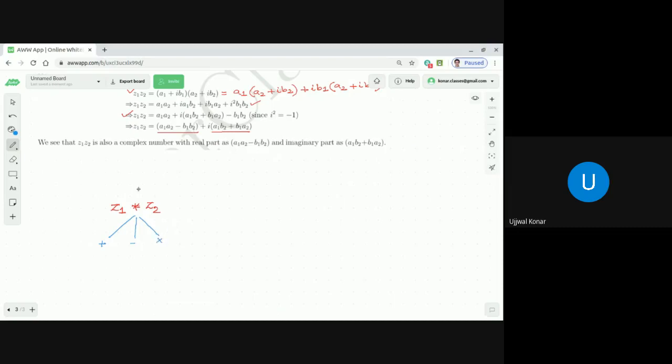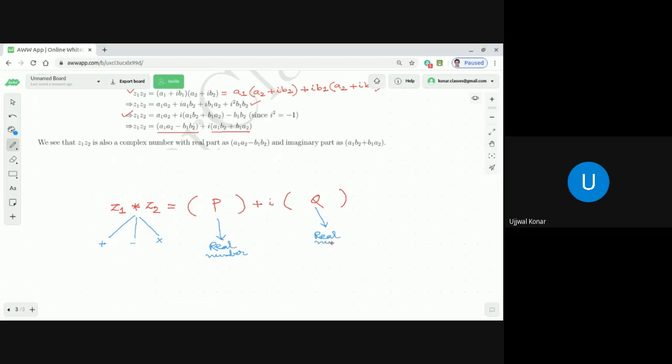So whatever we get, we represent as the real part plus i into the imaginary part. So suppose I write this as p and this as q, p is a real number, correct, my dear students? And q is also a real number.